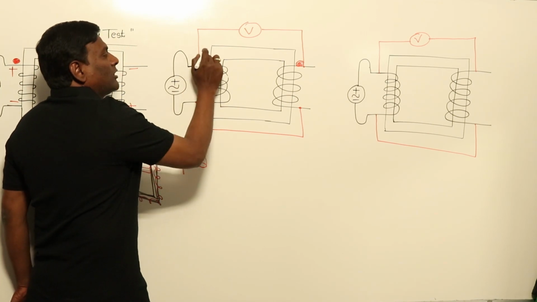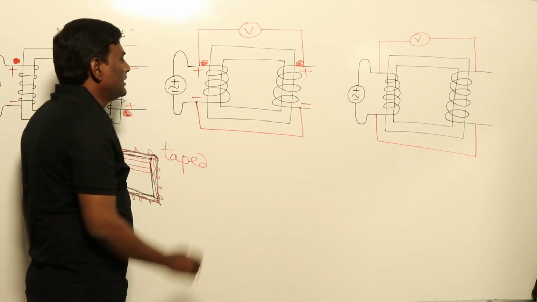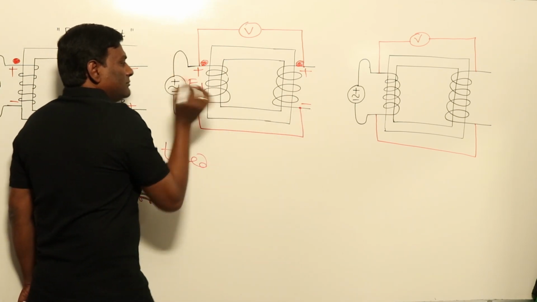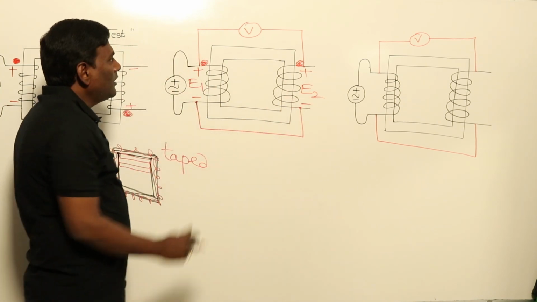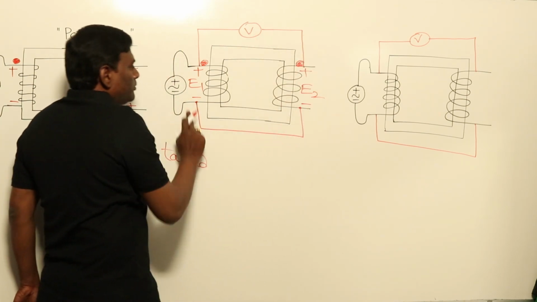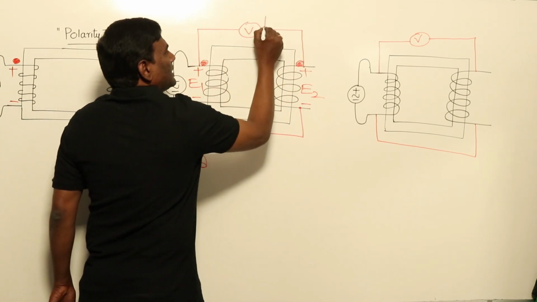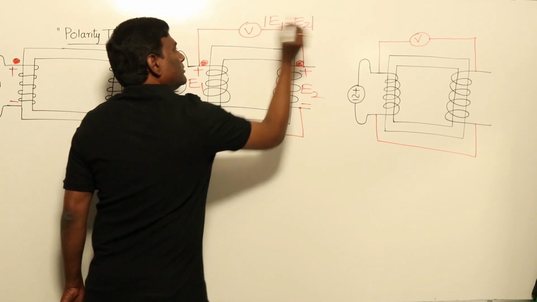Whenever a dot is there, keep plus, undotted minus. This induced voltage is E1, this induced voltage is E2. Now apply KVL: plus E2 minus E1, so this voltmeter should read E1 minus E2.